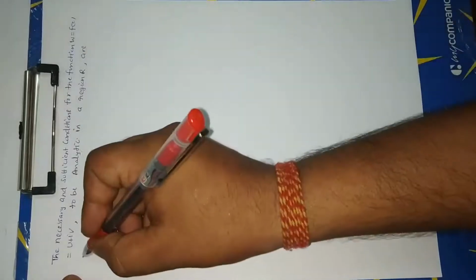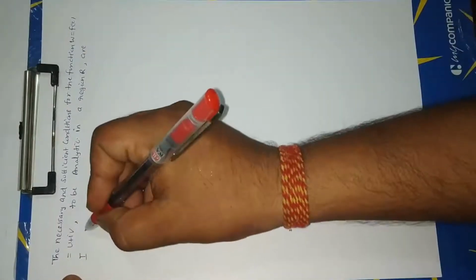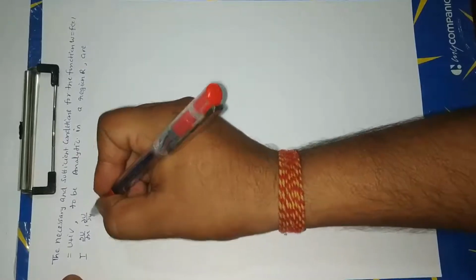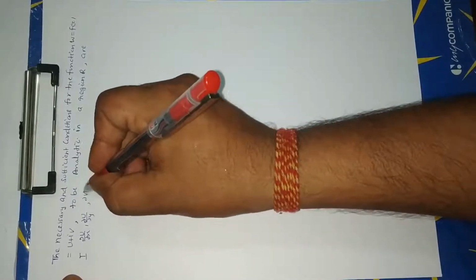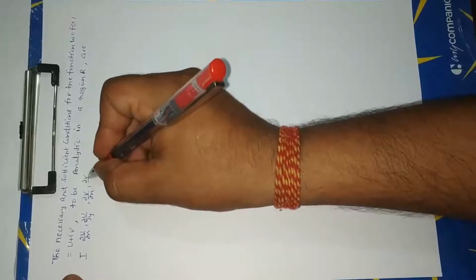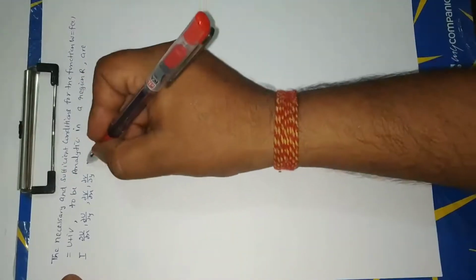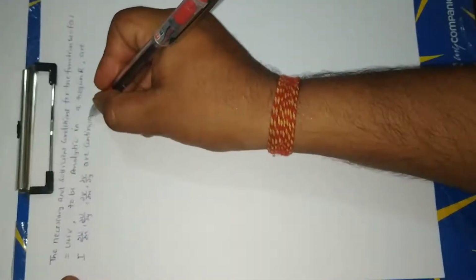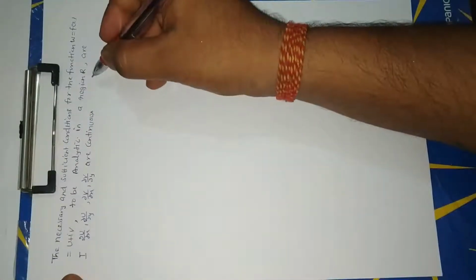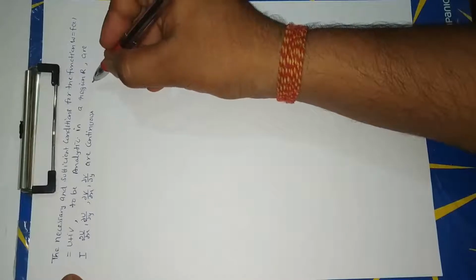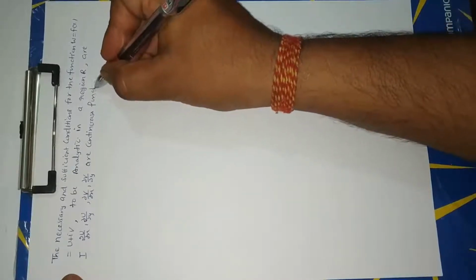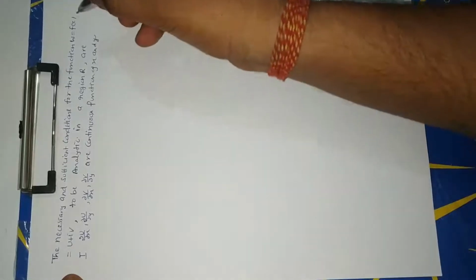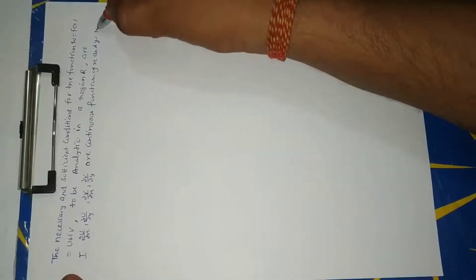Number first: ∂u/∂x, ∂u/∂y, ∂v/∂x, ∂v/∂y are continuous functions of x and y in the region.